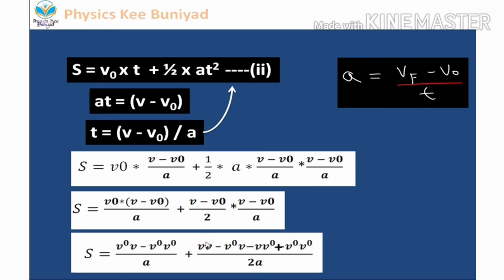So this is the simplified equation. And again if we do a little more multiplication, if I multiply v0 into v minus v0 into v0 by a, and similarly if I multiply, then I will get v into v, then again v into v0. So this is the simplified equation you will get.